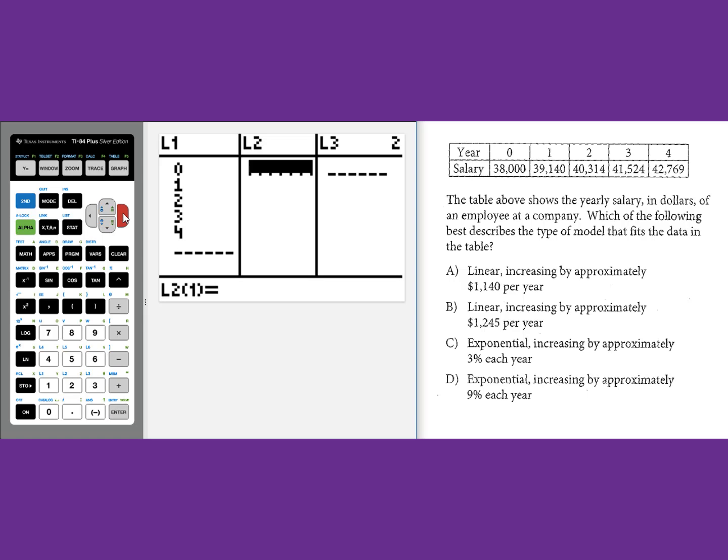Then go to L2 and put in 38000, enter. 39140, enter. 40314, enter. 41524, enter. 42769, enter.